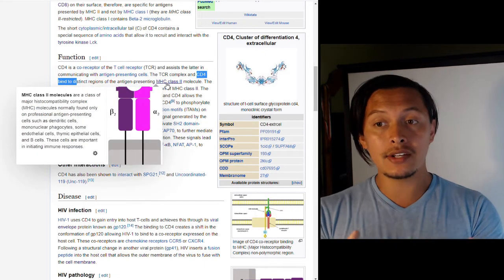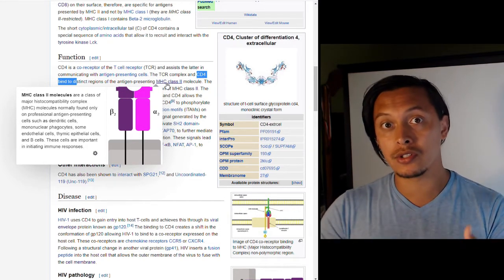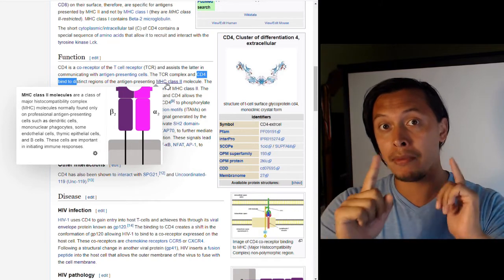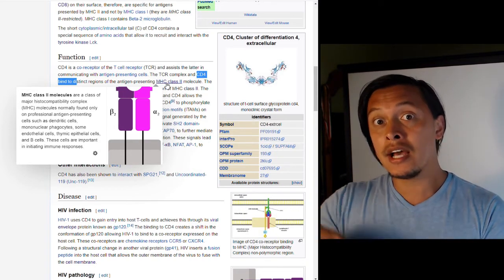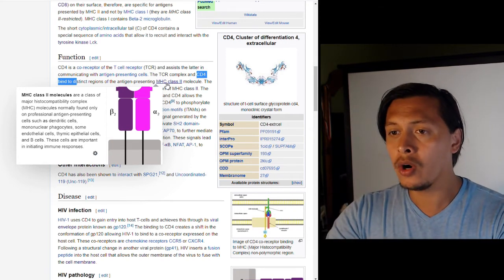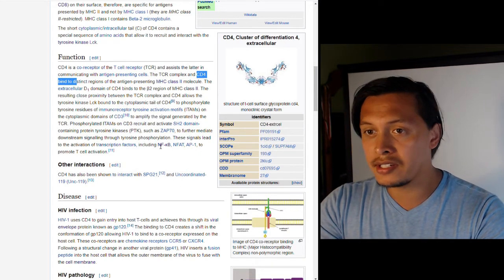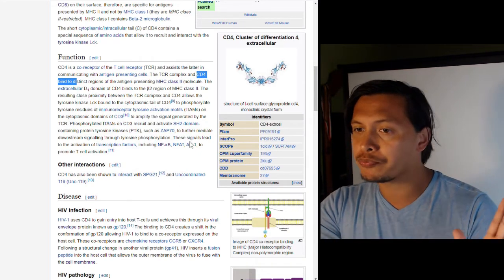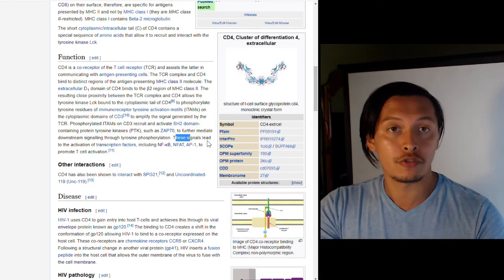The MHC molecules are the molecules that have these small peptide fragments added to them, and those small peptide fragments came from the outside environment in some way. I think that's all I really need to say about CD4, except I should say that they do end up leading to the activation of transcription factors.